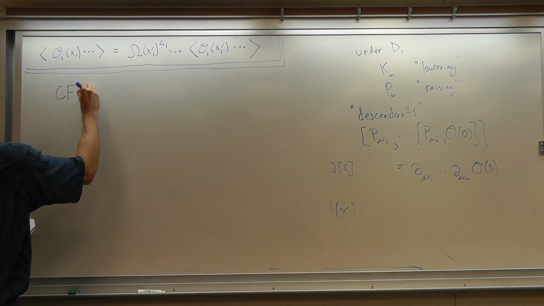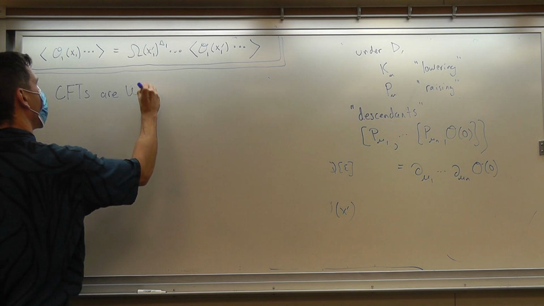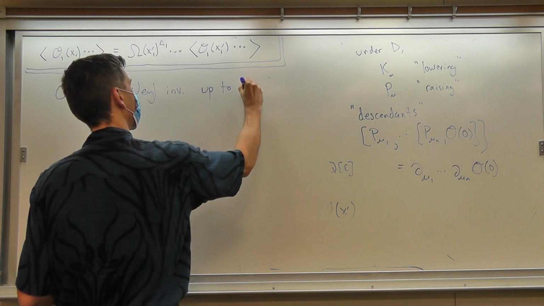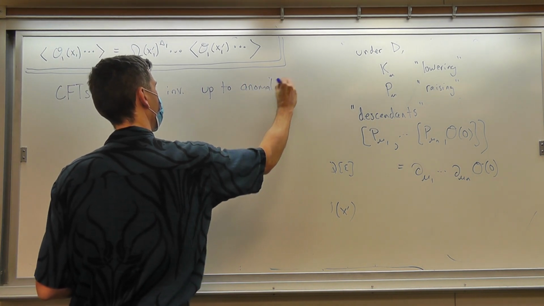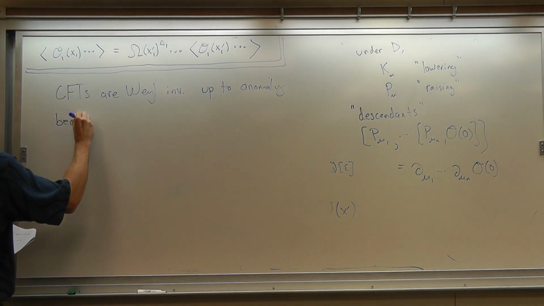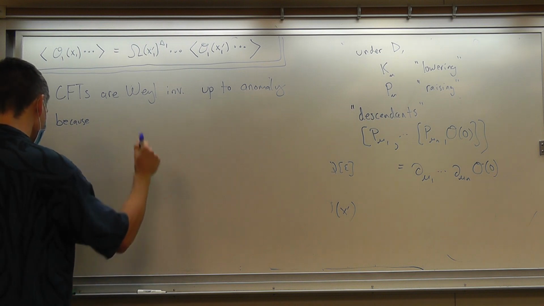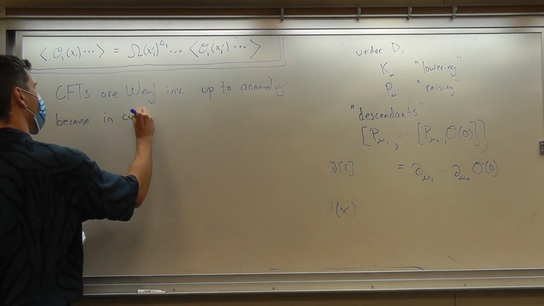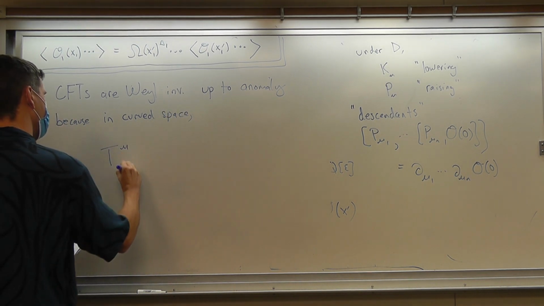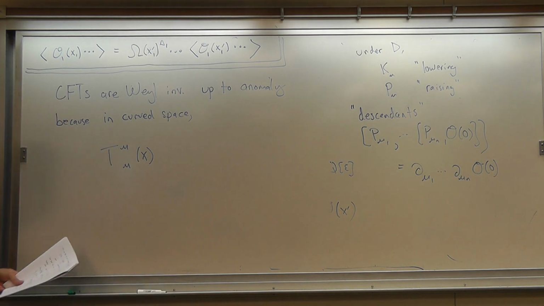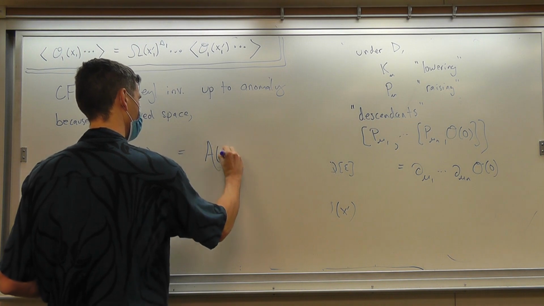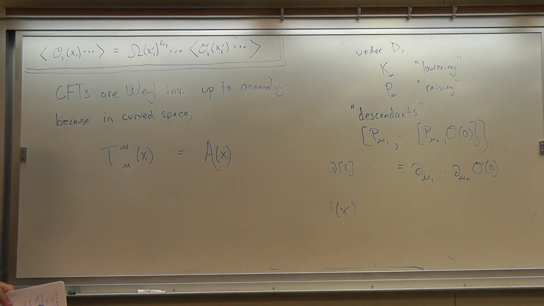Now, CFTs are Weyl invariant up to an anomaly, because in curved space they obey an operator equation that says that the trace of the stress tensor is equal to a number, which is the anomaly.